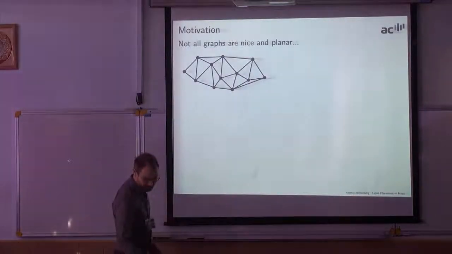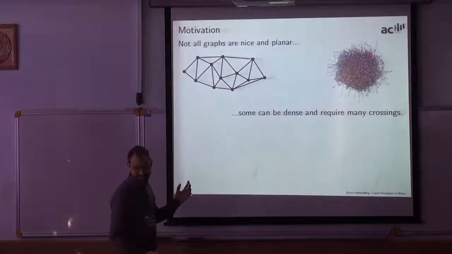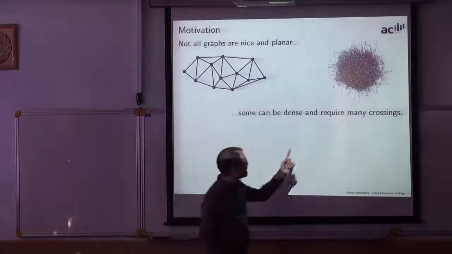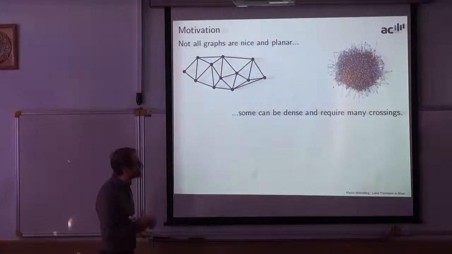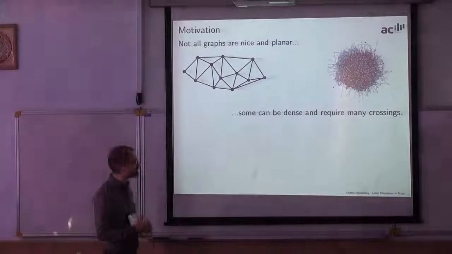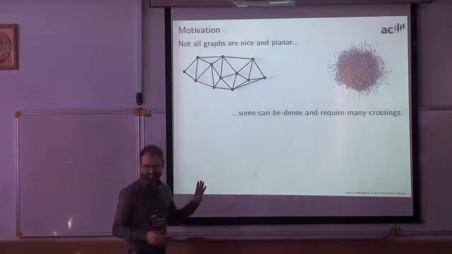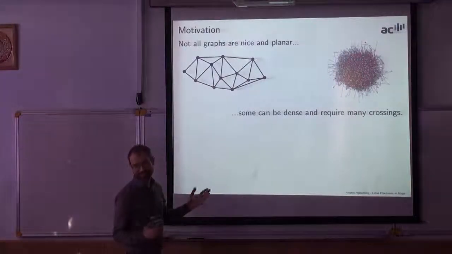So, of course, if you go to real-world data, then very frequently what you see is networks like that. If you use a standard algorithm, using, for example, force-based layout, then visualization researchers call this kind of graph a hairball graph, and you know why.